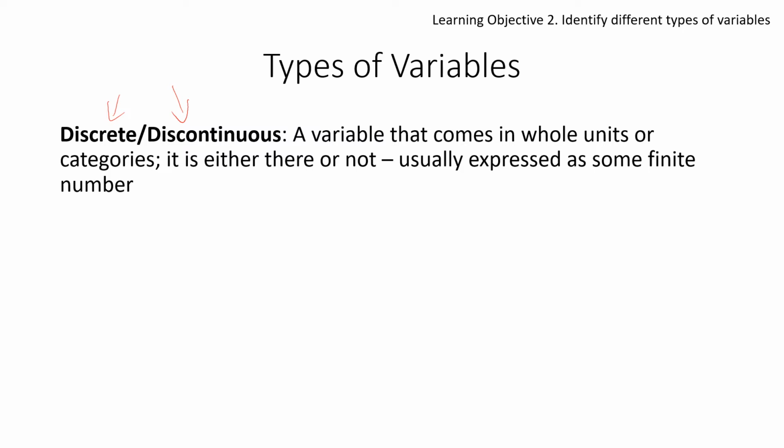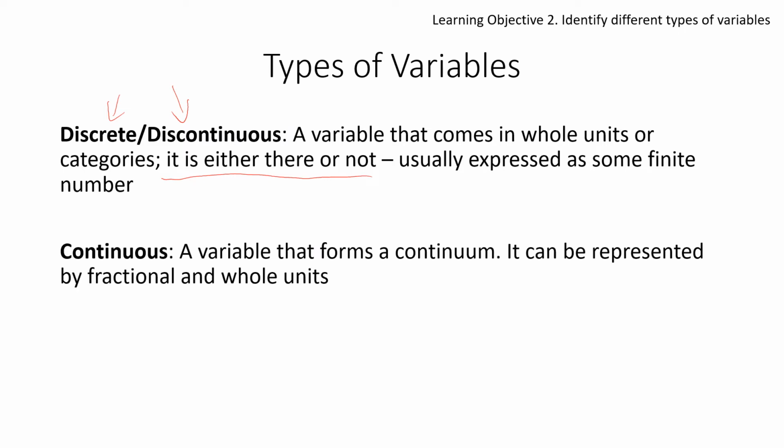So it's discrete, meaning there are these separate groupings or categories. And what do I mean by it's either there or it's not there? Another way to look at this is something like the number of children someone has. You can't have half a kid. You either have a kid or you don't. You either have 2 kids or you don't. So it's something that's either there or not there, usually expressed as some finite number.